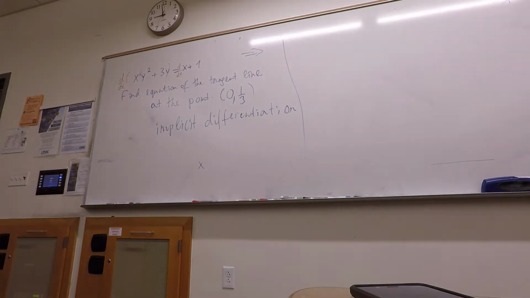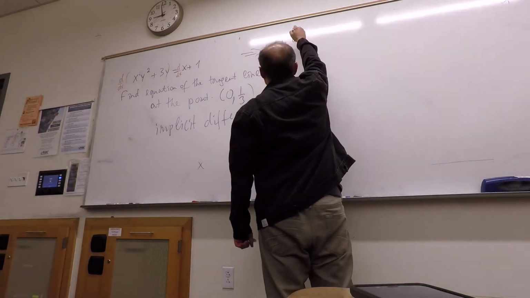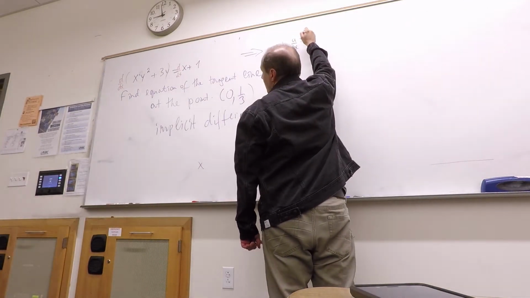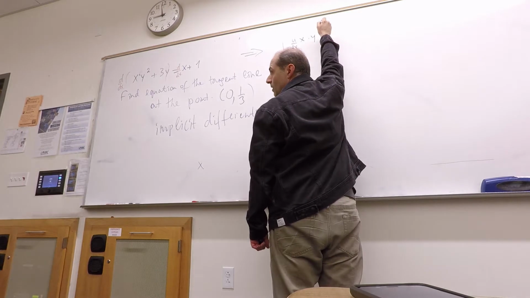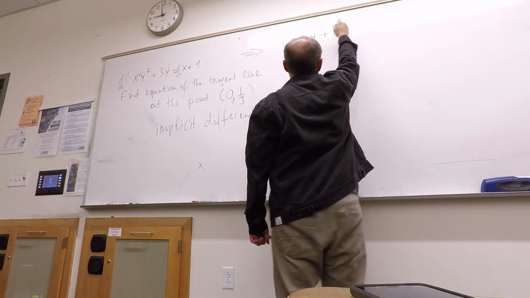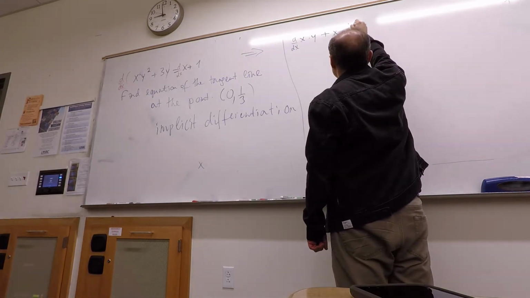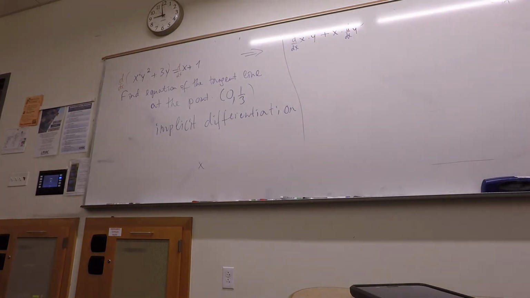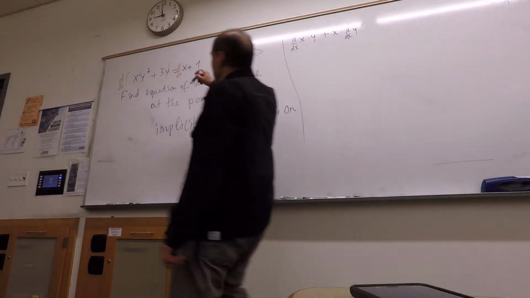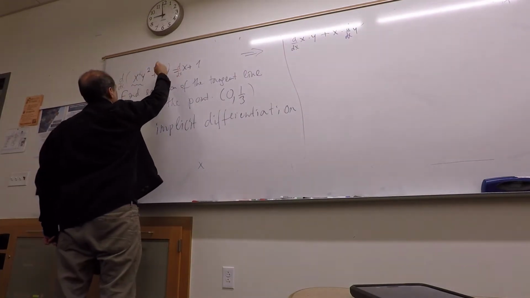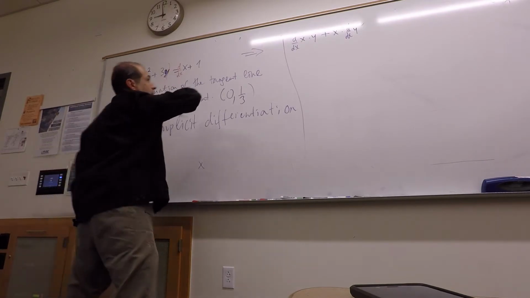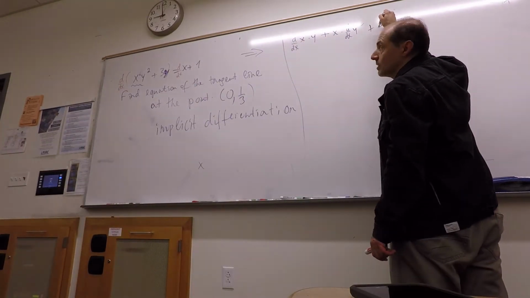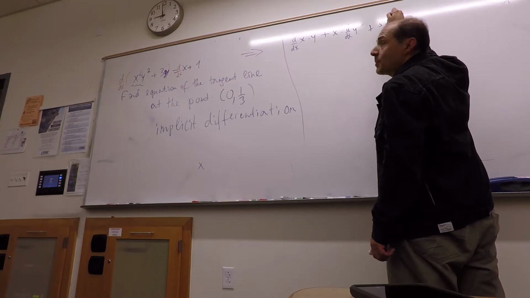What rule should I use? Product. So I have to do derivative of x times no derivative, plus no derivative times derivative. That's the product rule. That's for this, right? And then what do I do here? Plus 3 times what?